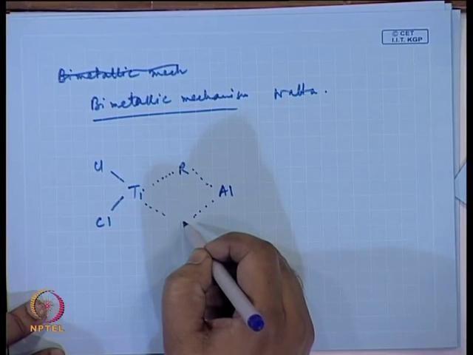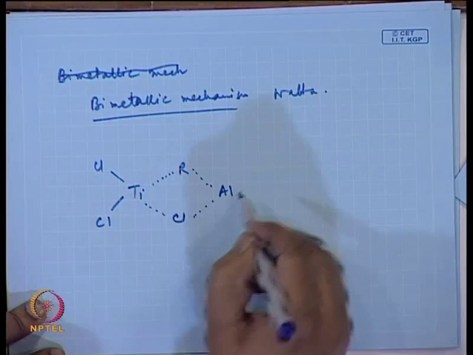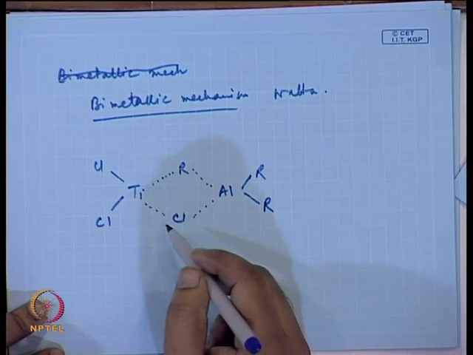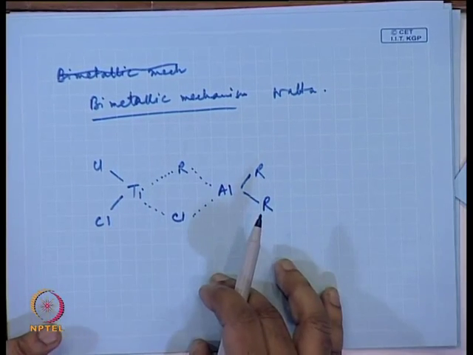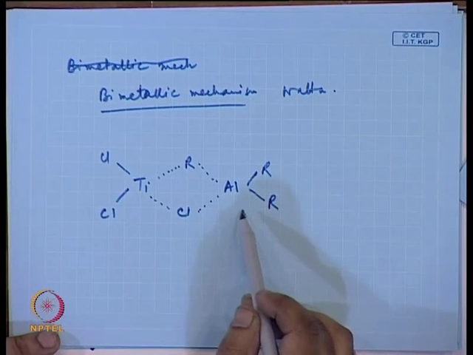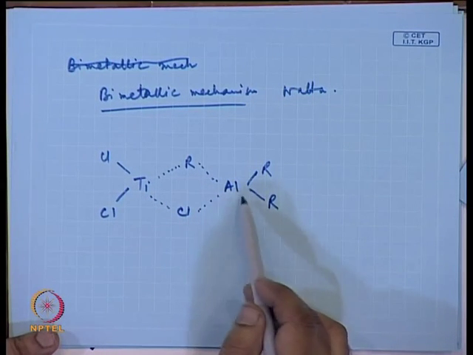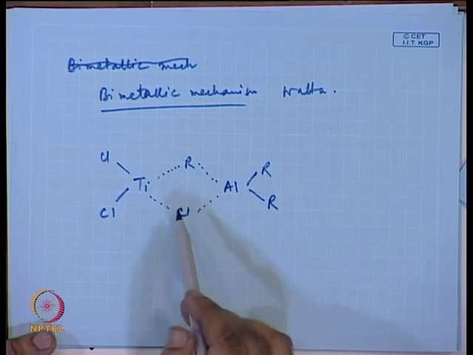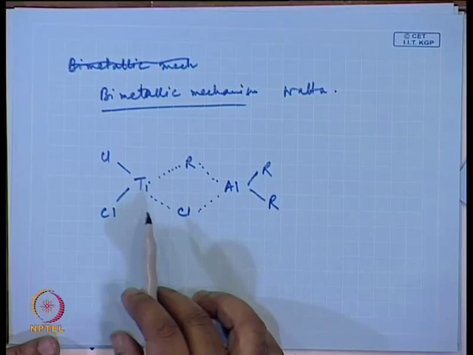Let us first draw this active site, which is electron deficient, formed by the chemisorption of the electropositive metal alkyl which has a small ionic radius on the surface of the catalyst.